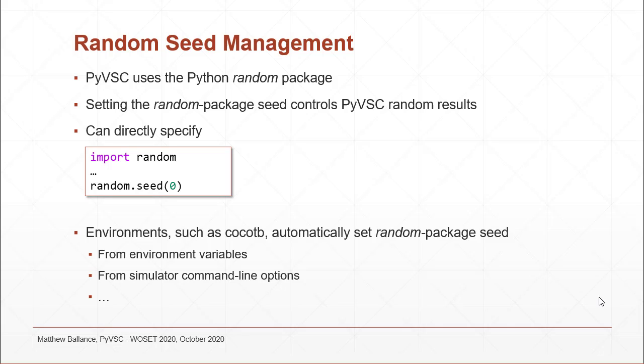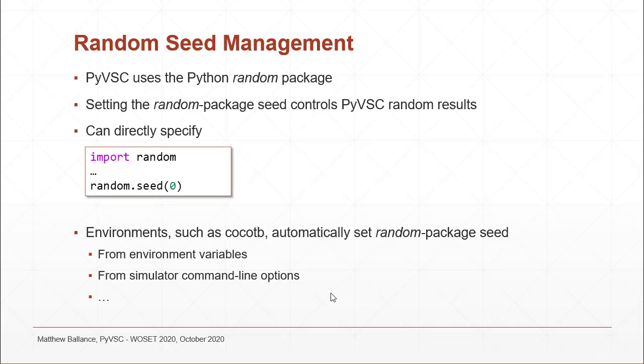So PyVSC uses the Python random package as a way to get its random seed. Basically, if you use the same seed, you should get the same random results when you randomize data over time. If you change the seed, ideally you would get a different set of results.